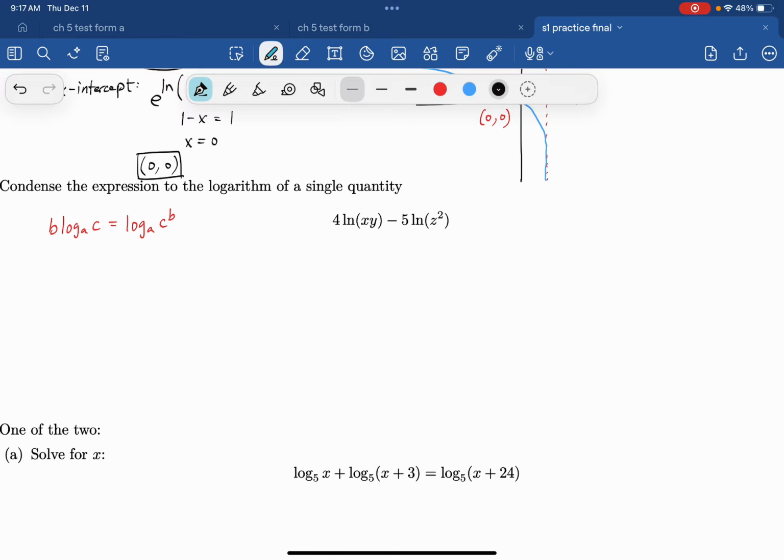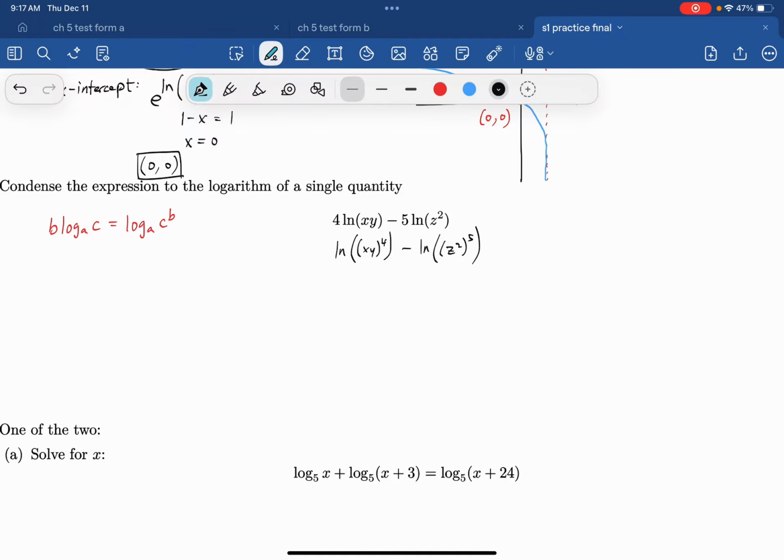And so that means using this principle, we can apply that to the logarithms we have here. And so this would become ln of xy to the power of 4. All right, we just move that constant to become an exponent here, minus ln of z squared to the power of 5, right?